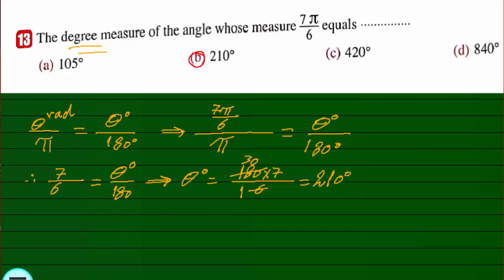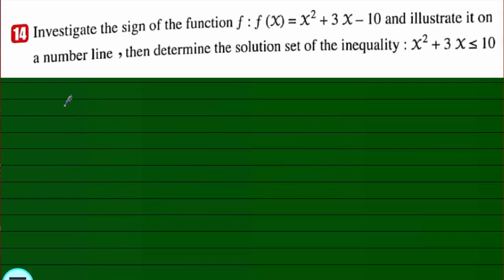Question number 14. Investigate the sign of the function f where f of x equals x squared plus 3x minus 10 and illustrate it on a number line. Then determine the solution set of the inequality x squared plus 3x less than or equal 10.